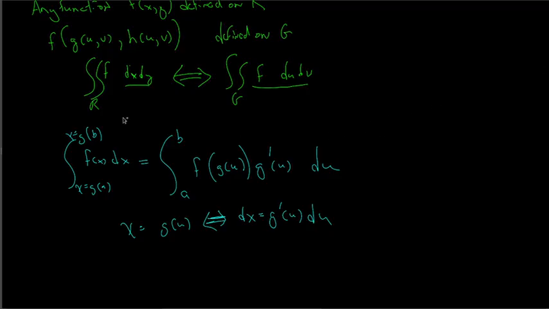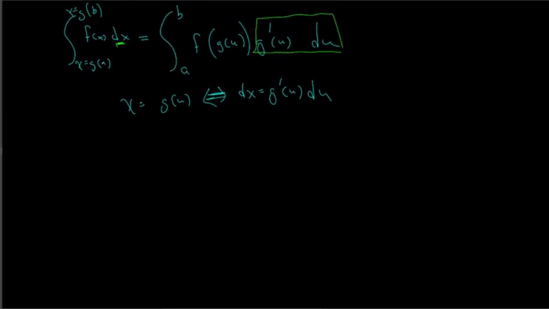Right? If this is talking about how x and y are changing, just as this was talking about how x changed, and we needed to talk then about how u was changing, we need these multipliers for dx, dy. And so what we're going to use is this thing called the Jacobian.